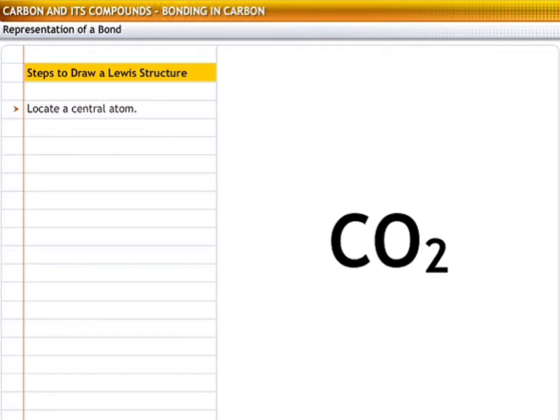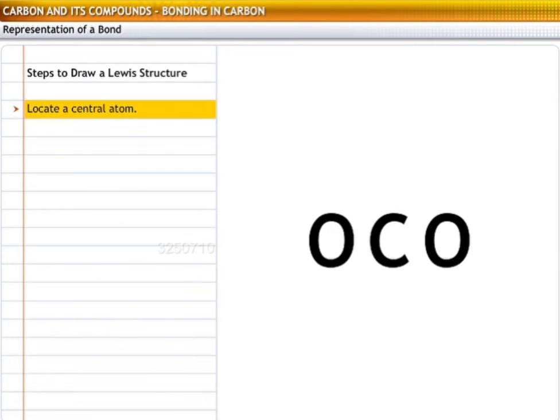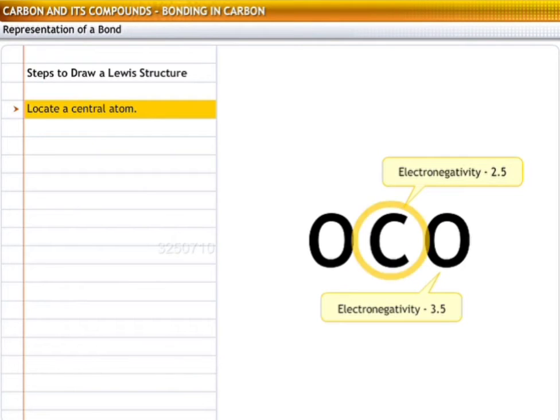Steps to draw a Lewis structure. Let's take carbon dioxide as an example in writing the Lewis dot structures. The first step in writing an electron dot structure is to locate a central atom. The central atom is the one with the lowest electronegativity.